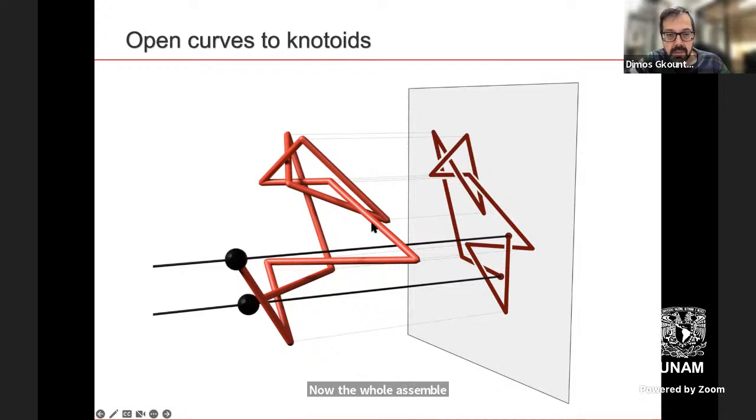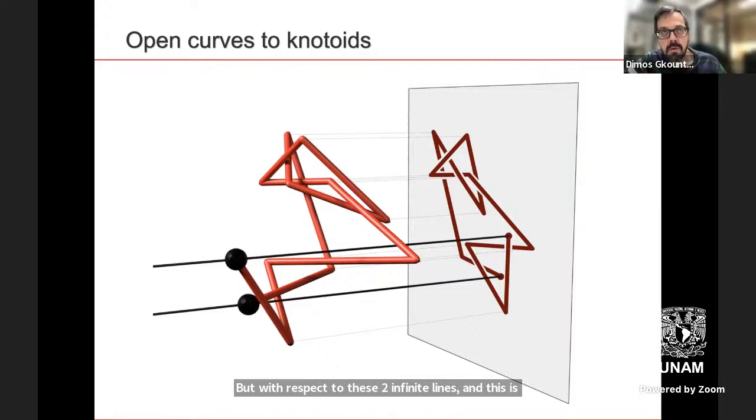Now, the whole ensemble has to respect ambient isotopy. What I want to say is that the ambient isotopy cannot cross these infinite lines, okay? So you can define ambient isotopy with respect to these two infinite lines, and this is called line isotopy. You can check the work of Louis Kauffman with Neslihan Gügümcü.